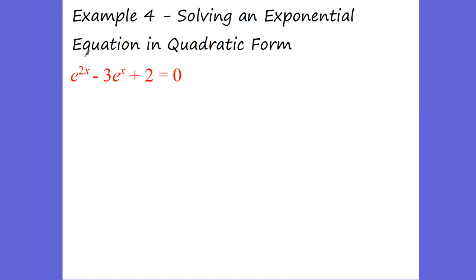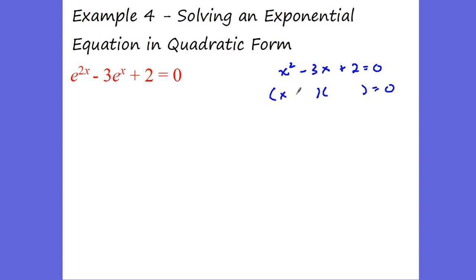Okay. What happens if we have an exponential in quadratic form? If you take a look at this equation, we have e to the 2x minus 3e to the x plus 2. Now, think of this in a different way. Think of this as x squared minus 3x plus 2 is equal to 0. You could easily factor that, can't you?